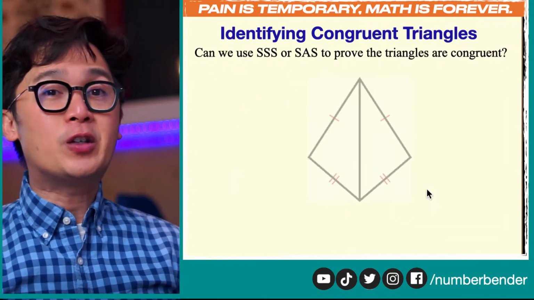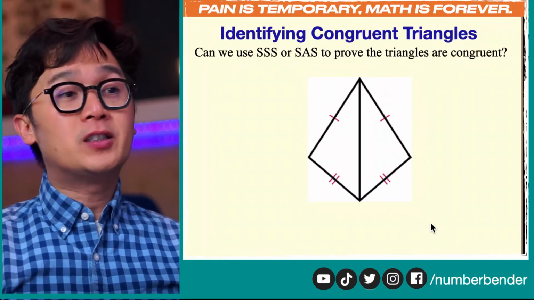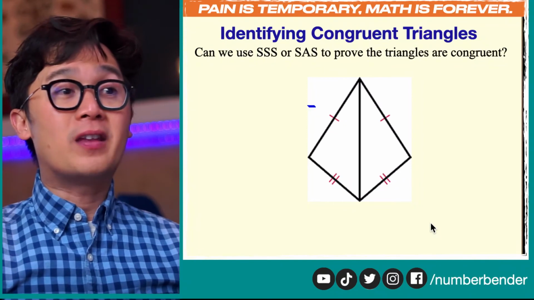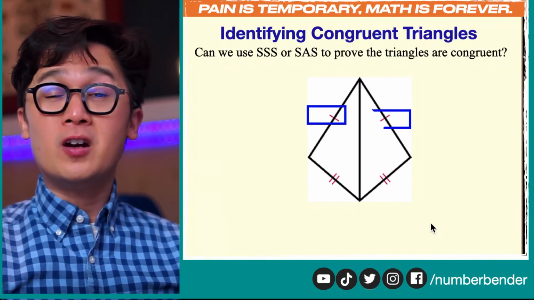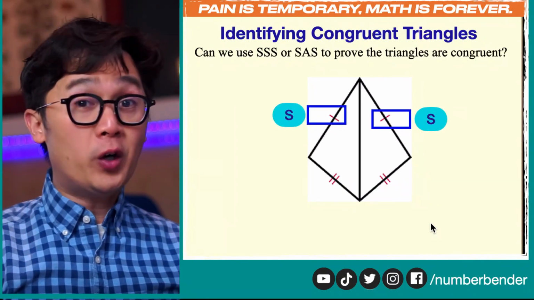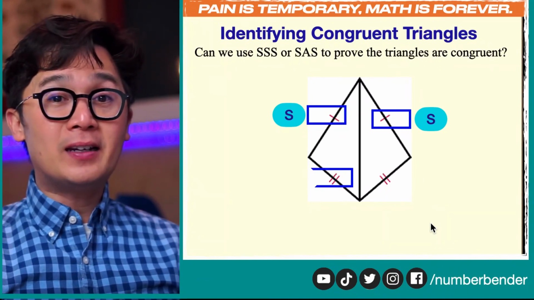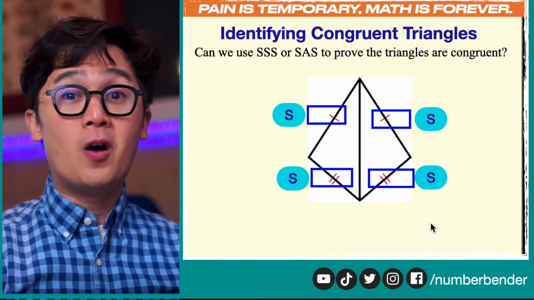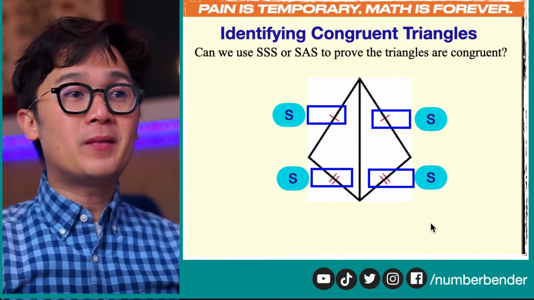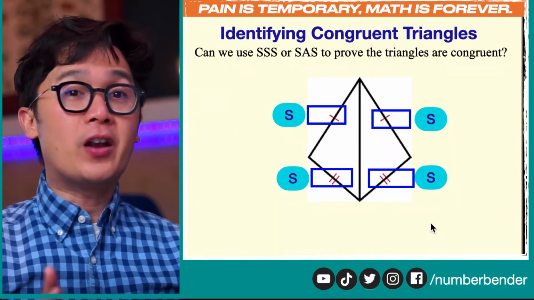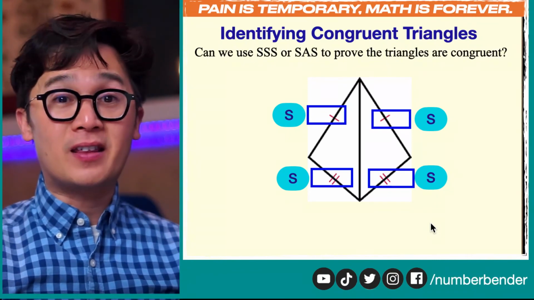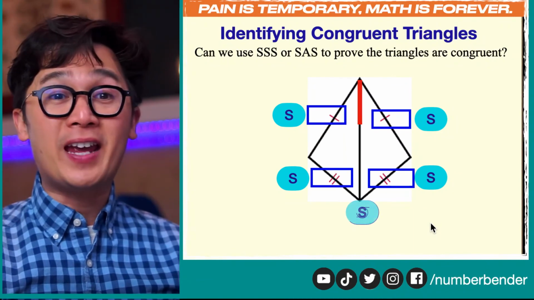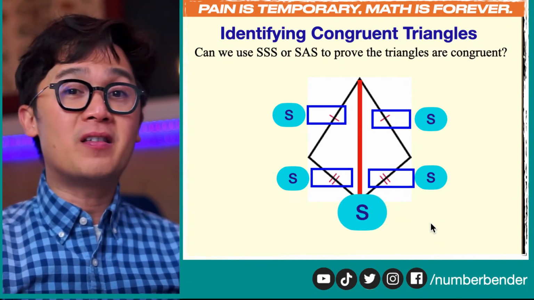So let's see if we can use that in this third example. We have two triangles that are next to each other, and we know that this side is congruent to the other side, and they are corresponding. And this side is also congruent to its opposite side, which is also corresponding. And now we just need another item to see that they are congruent so that we can use the SSS postulate. And in this case, we can because they share the same side.